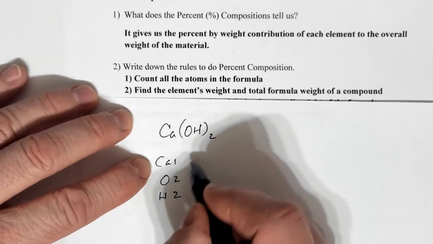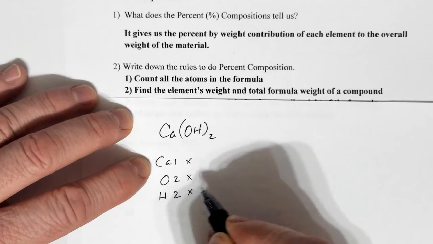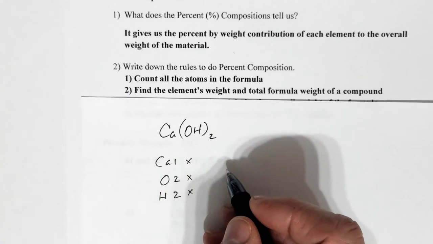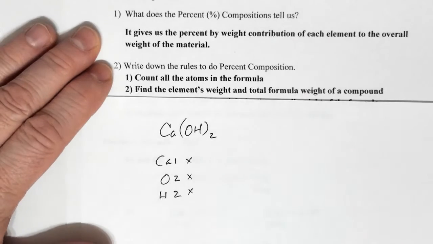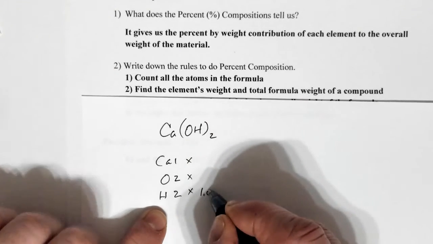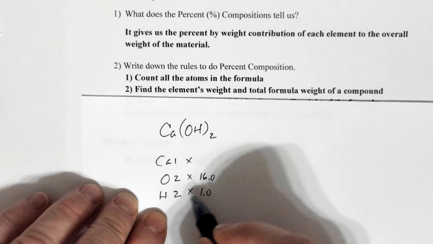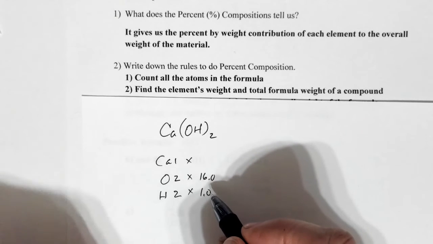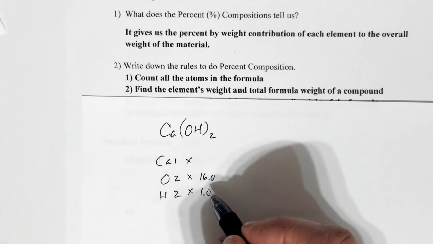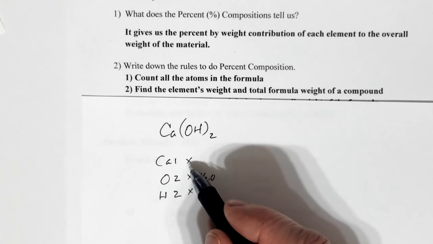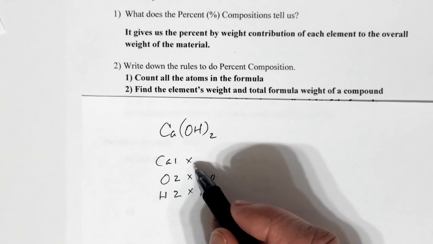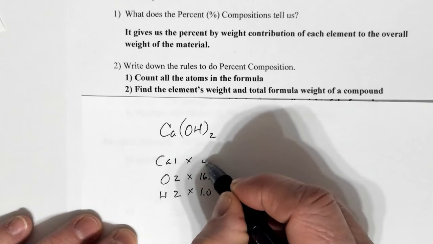So you multiply each one by how much they weigh. Hydrogen, of course, would be 1.0. Oxygen weighs 16, because each element has a different weight. They have different numbers of electrons, protons, and neutrons, so no single element has the same weight as another element. And calcium, if I look it up, is 40.1.